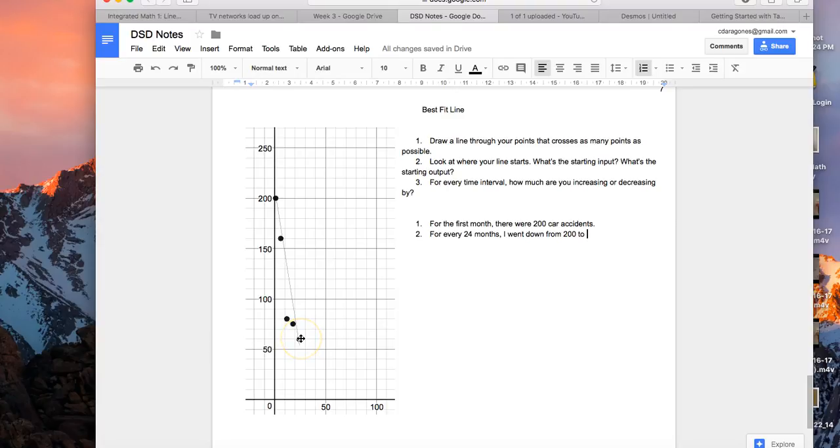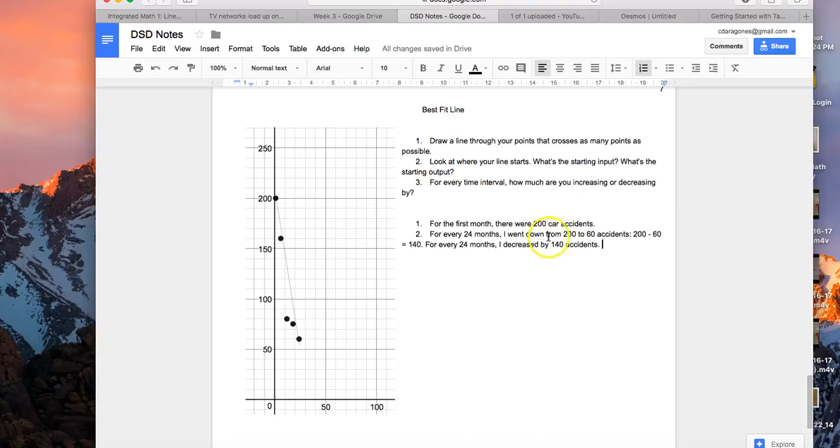So I went down 140 to 60 accidents. So 200 minus 60 equals 140. So for every 24 months, I decreased by 140 accidents, okay? So this is just an approximation. On some months, I decreased more, some months I decreased less, but overall, in the total 24 months I looked at, I decreased by 140 accidents.